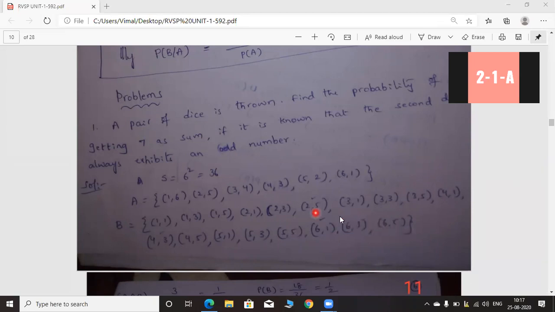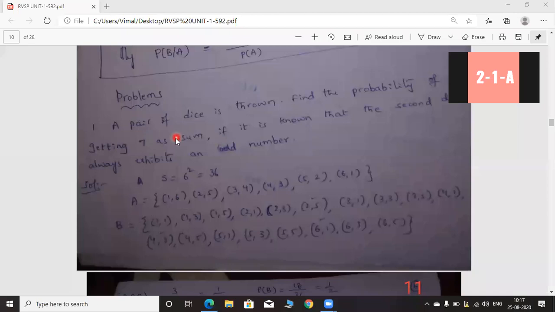So all the possible outcomes are mentioned here because event B is defined as the second die must get an odd number. The first die may get any number from 1 to 6, but the second die must display an odd number like 1 comma 3 comma 5. So all the possible combinations are mentioned here.